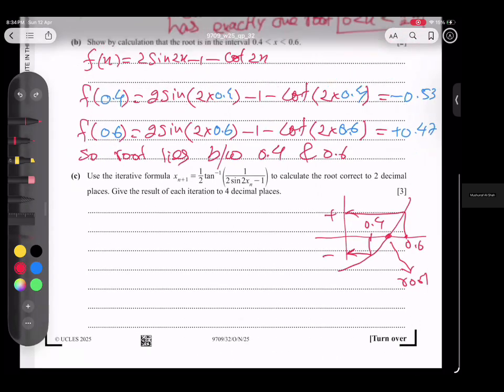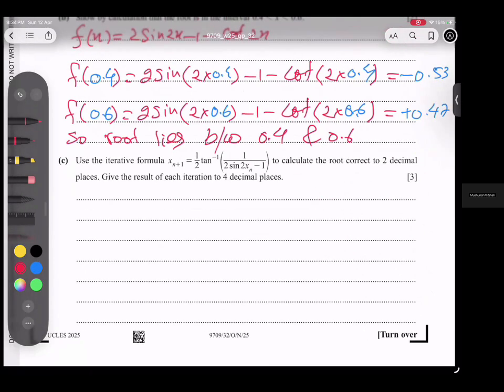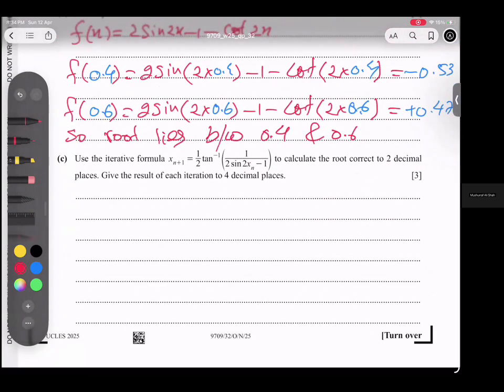Now it's saying use the iterative formula and find x2, giving each answer to 4 dp. So let's try to do this one. I'm erasing this diagram. Quickly I'm starting, but first I replace every n by 1.